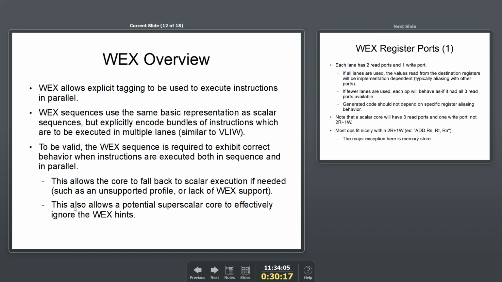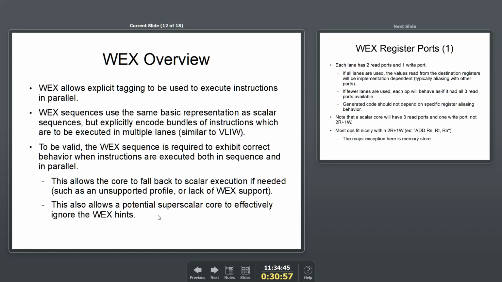This also allows a potential superscalar core to effectively ignore the WEX, since, as noted, superscalar is a lot more expensive but allows the possibility of more aggressive optimization. However, it would not necessarily be operating under the same rules as the WEX encodings, so we would want to be able to effectively ignore the WEX hints and treat the instruction sequence as if it were a normal scalar sequence.